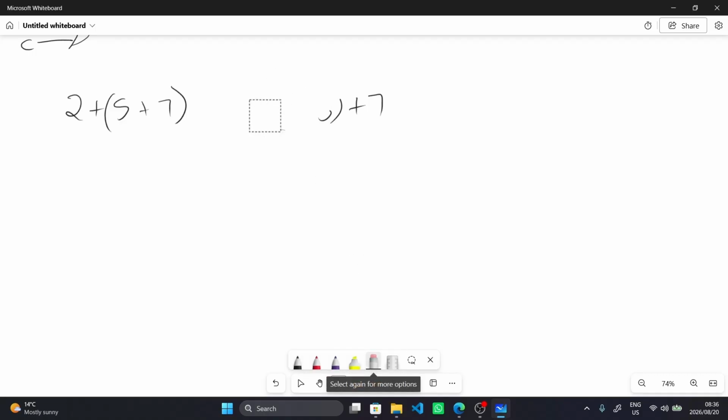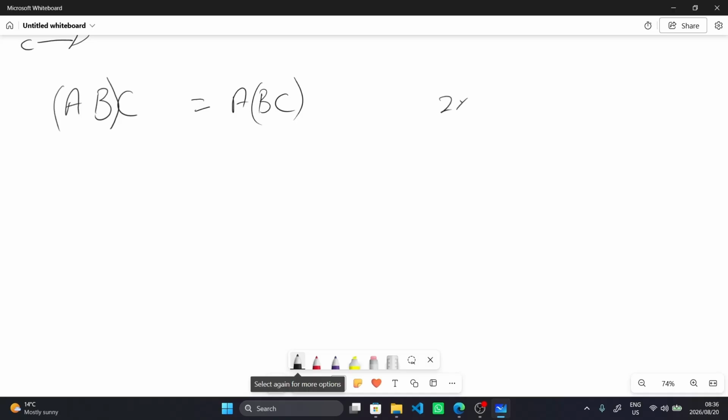And the same goes with multiplication. Again, you have A times B times C. Let's say you group A and B. It's still going to be the same answer if you group B and C, because it's still the same.